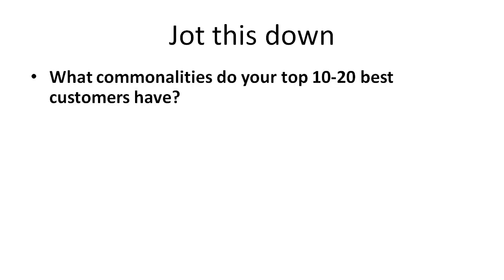Step number 2 is creating a profile. So once you have an idea of those top 10 or 20 folks that are going to be your best prospects, what you need to do is sit down and think, okay, what are the commonalities that your top 10 or 20 best prospects or customers have in common?